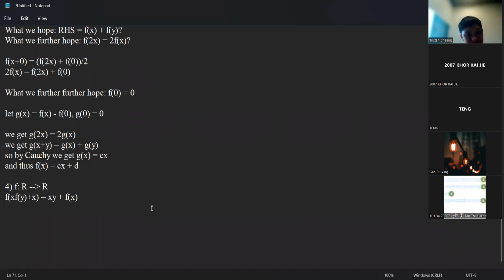So what can we do first? Let's try a few values. If you've nothing to do, we just let y be 0 or something. Or let's let x be 0. If x is 0, f(0) equals 0 plus f(0), which gives us nothing for any y. So let's just write down, don't let x equals 0, because whatever we do, it gives us nothing.